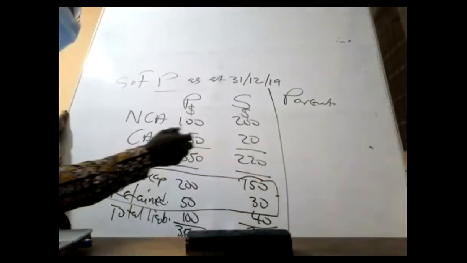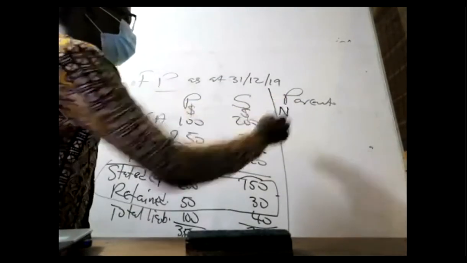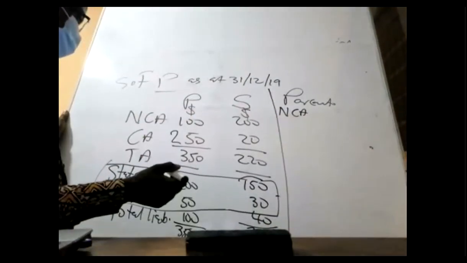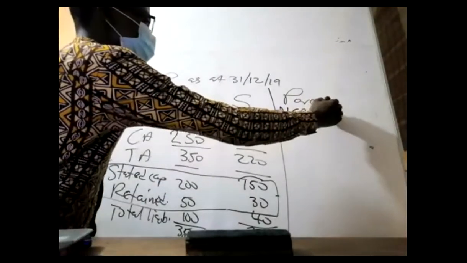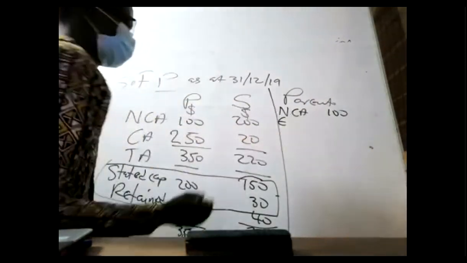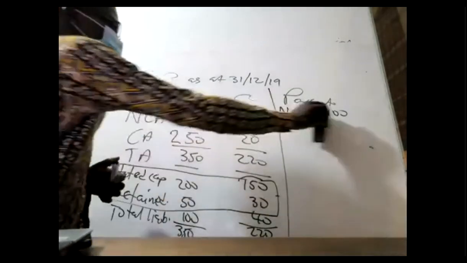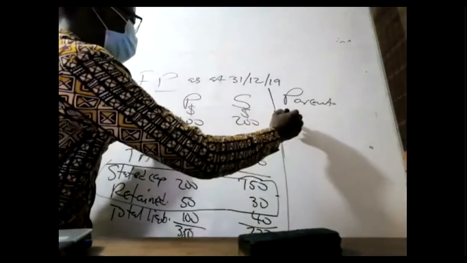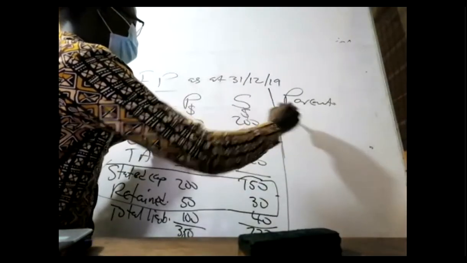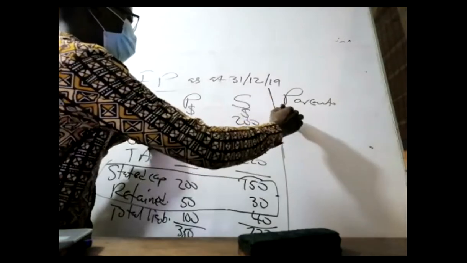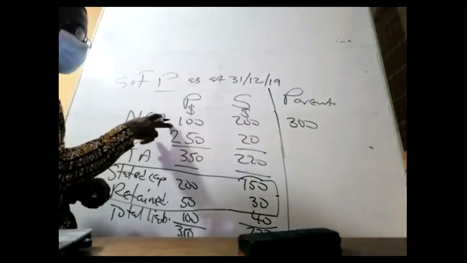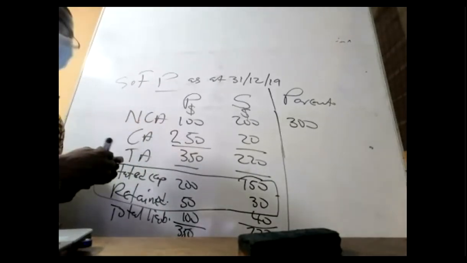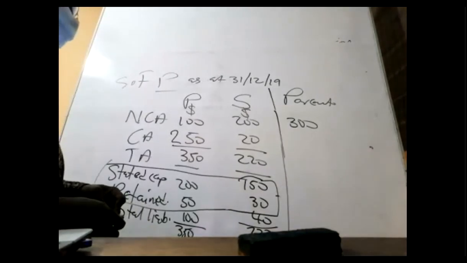So the parent will have, let's say, non-current assets of 100, and then the equity investment. So the parent's non-current asset becomes what? 300, agreed. Because the 200 that he paid plus the 100 that was already here. How do we get it? So non-current asset for the parent becomes 300.